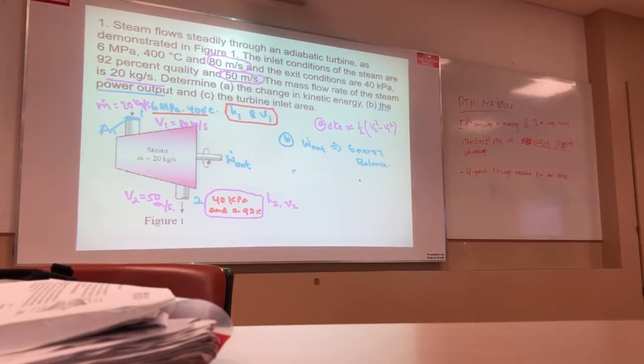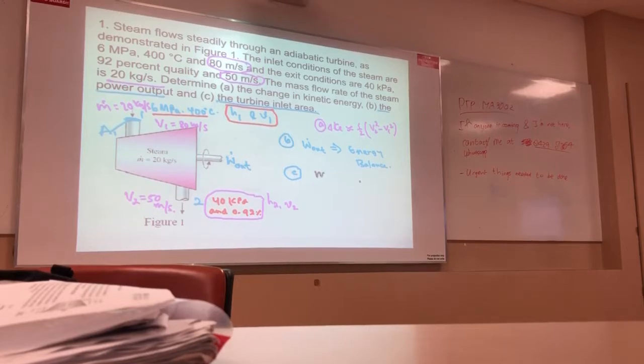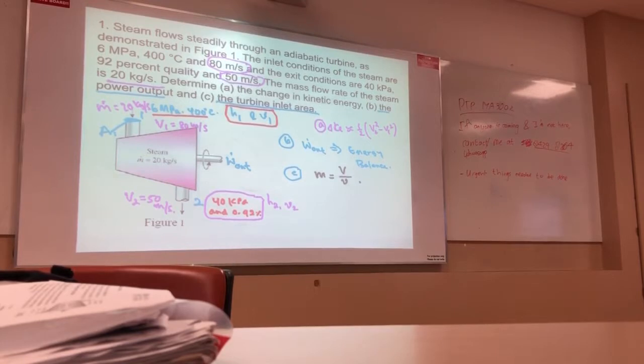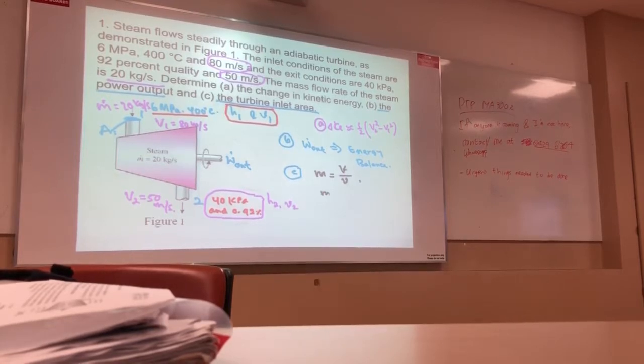And what is C? How can you find the turbine inlet area? You remember what is the mass flow rate? What is the mass? Total volume by specific volume. So the mass flow rate is the volumetric flow rate divided by specific volume.